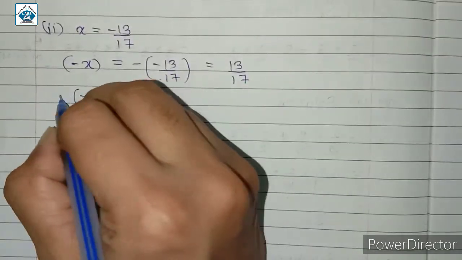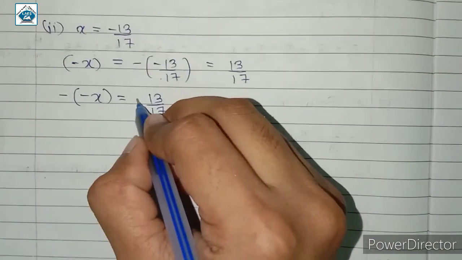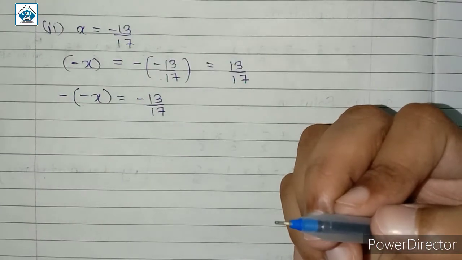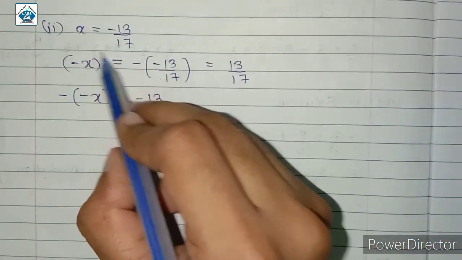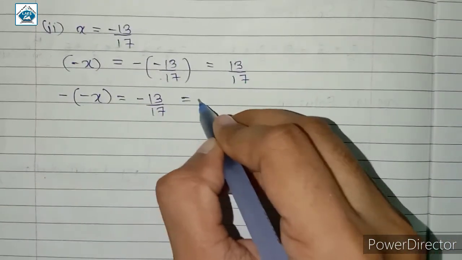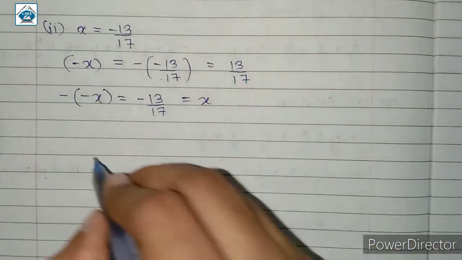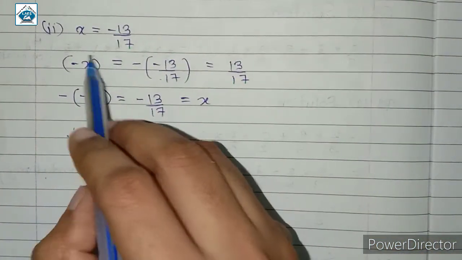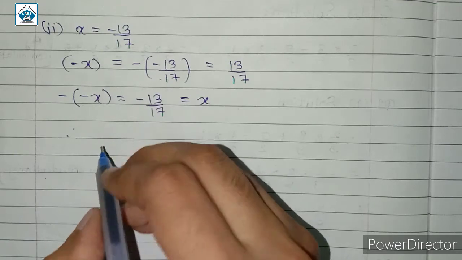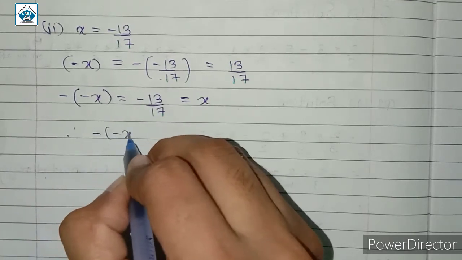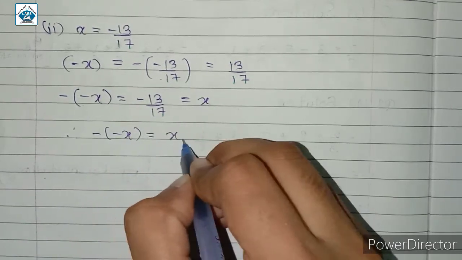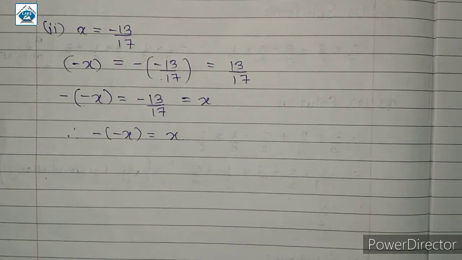So what will be minus of minus x? It will be minus 13 upon 17, which is the value of x. So this is equal to x itself. Therefore we can say for x is equal to minus 13 upon 17, minus of minus x is equal to x itself. So in this way you need to write the solution in your notebook.